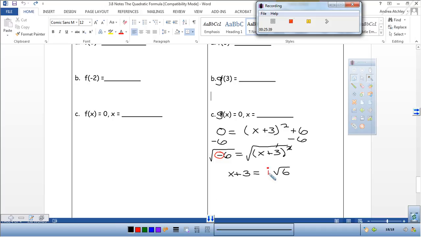And if I have i square root 6, then I also have negative i square root 6. The last thing we need to do is get that x by itself. So I'm going to subtract the 3 from both sides.